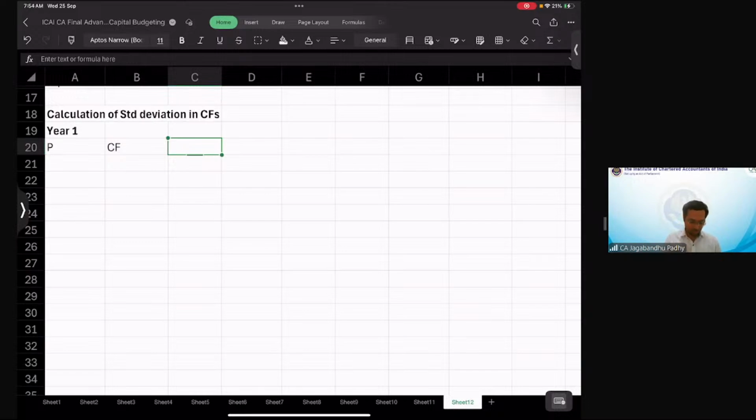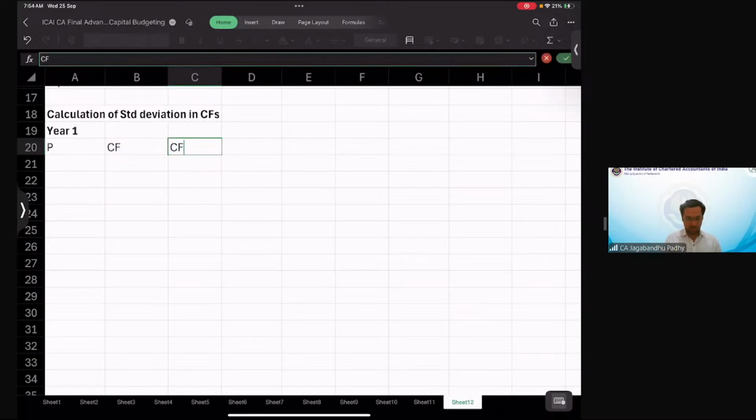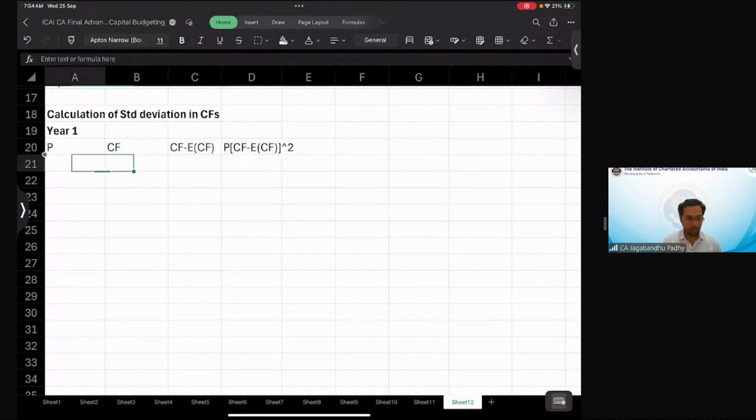Then what we are essentially going to do is cash flow minus the expected cash flow. Okay. And then we do the probability multiplied with cash flow minus expected cash flow square. Right. So this same set we are going to have in all the respective years.